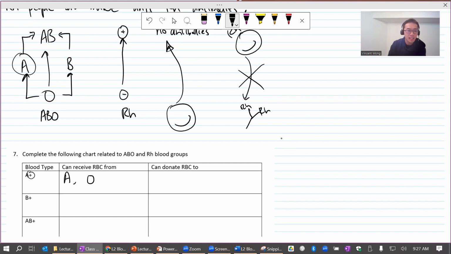If you are positive, you can receive from other positives, but you can also receive from negatives. Look at the chart. Negative can give to positive, right? Who can A positive donate to?